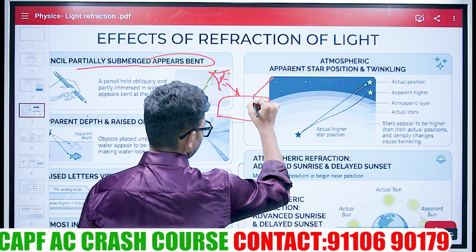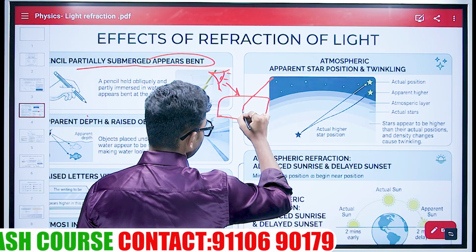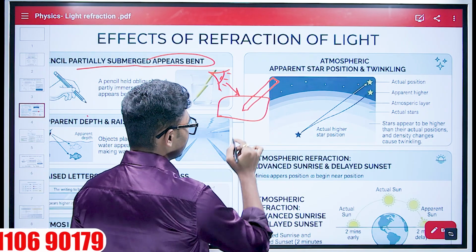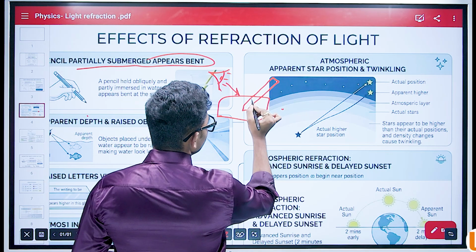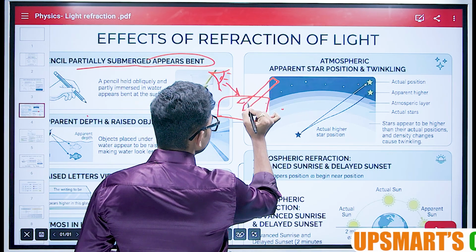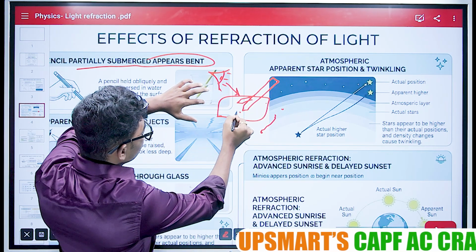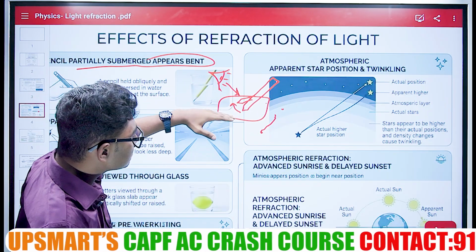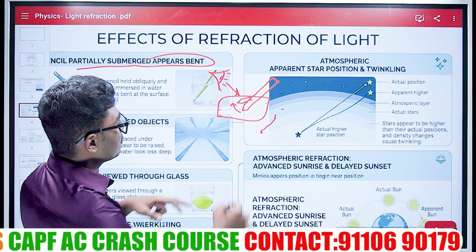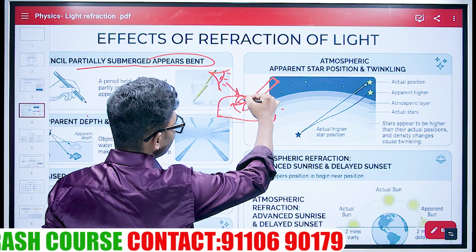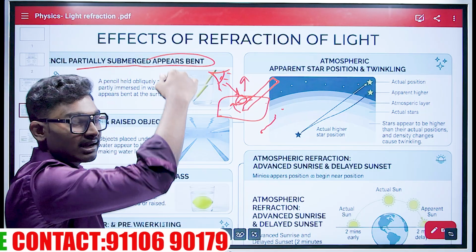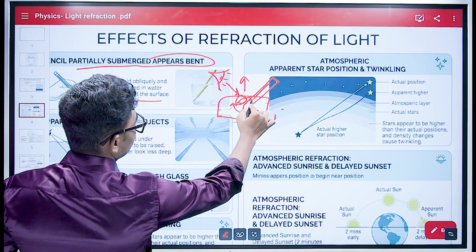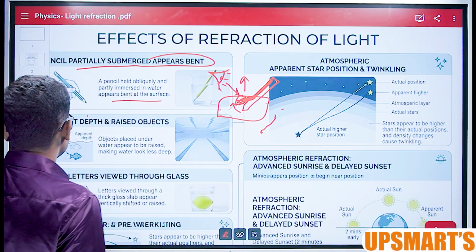When we insert a pen, it should look like this in a common medium, but here refraction takes place, so it looks like this. It changes position. It looks a bit lifted. We can see the apparent object. The pencil or pen looks a bit higher than the original. There is slight bending in the frame.